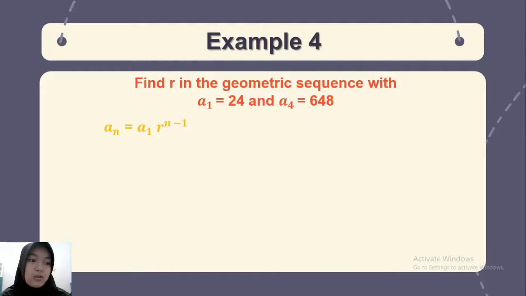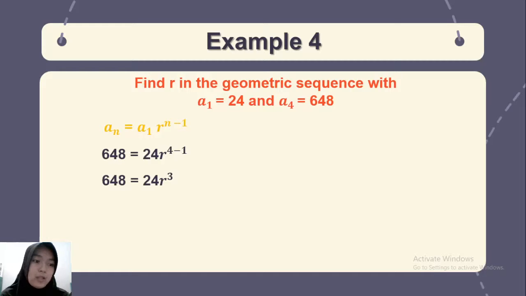So, substitute 648 is equal to a sub 1, which is 24, times r to the power n minus 1. n is equal to 4 because we use a sub 4, so r to the power 4 minus 1. Then simplify the exponent. So 648 is equal to 24r cubed.